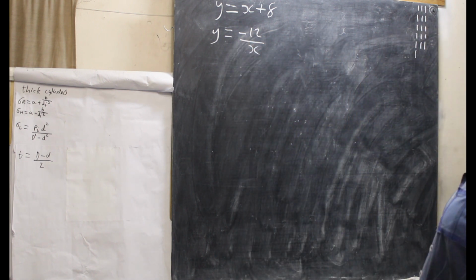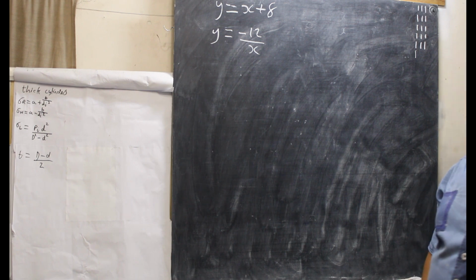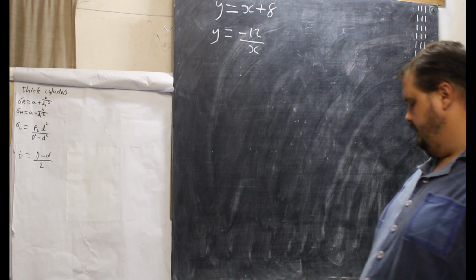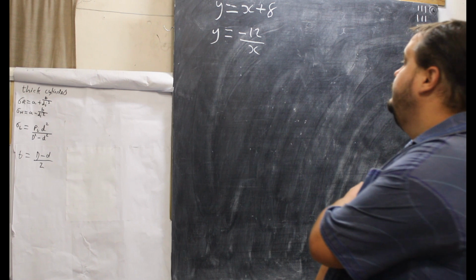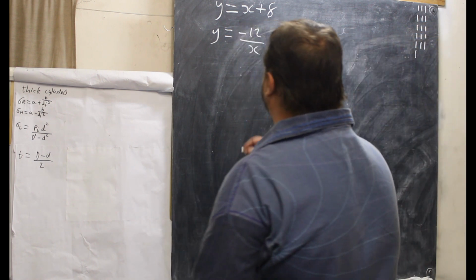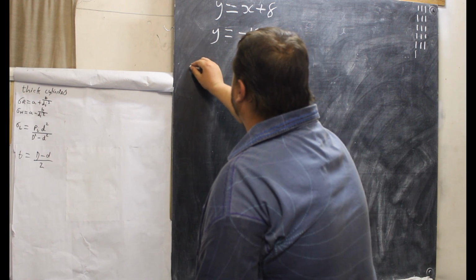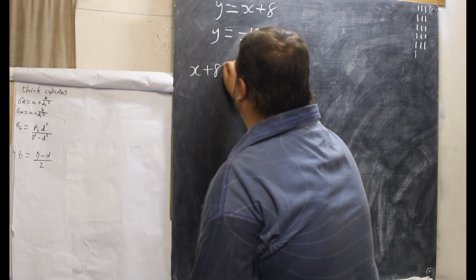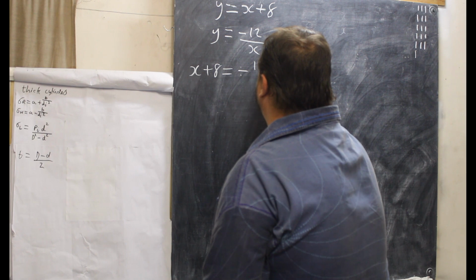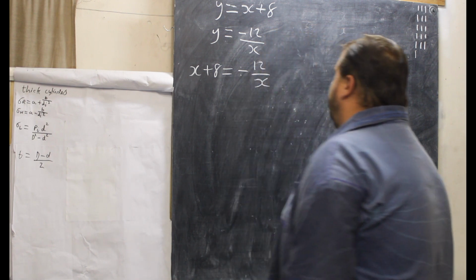What we're going to look for next is our point of intersection. So we can easily do that. So we can say y is x plus 8 equals minus 12 over x.